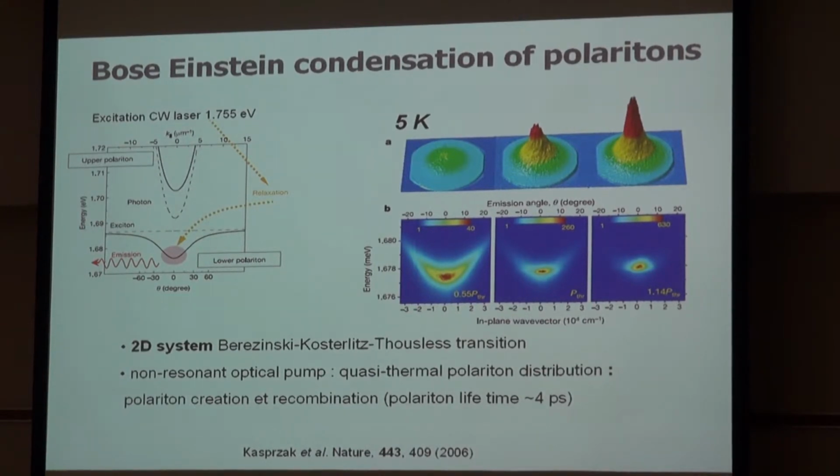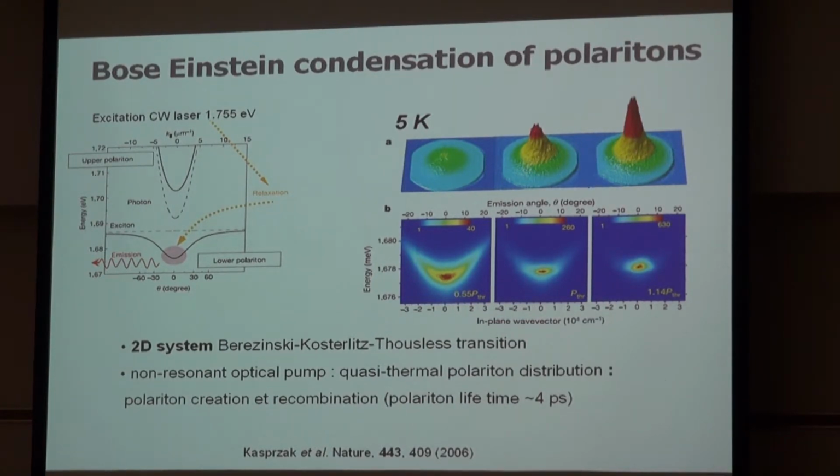It was quite controversial for some time, because these polaritons, although they are in a high finesse cavity, don't live that long, about 10 picoseconds, and so can they get to equilibrium in that time?